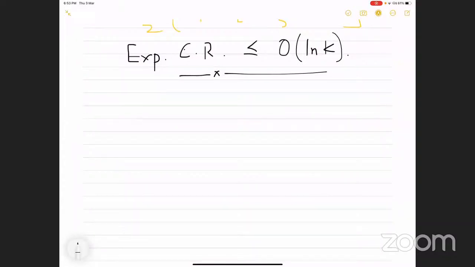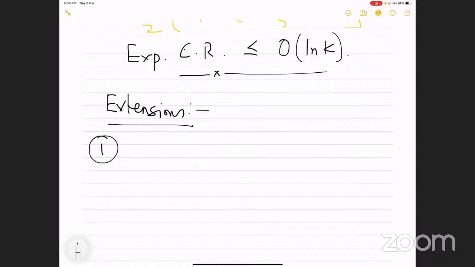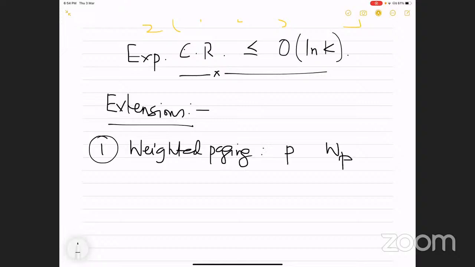All right, so now the question is, what next? There are several extensions that people look at. The first extension, which I will talk about next time, is called weighted paging. Weighted paging is where every page P has a weight WP.